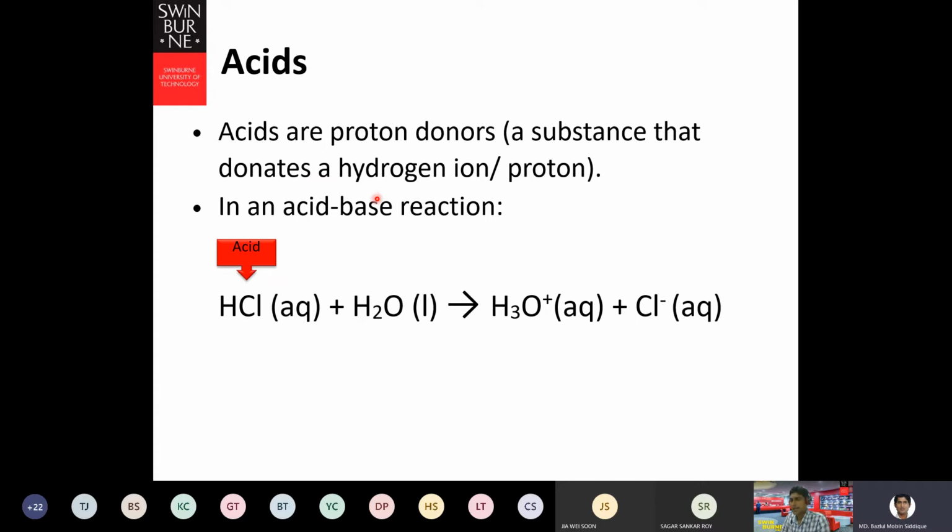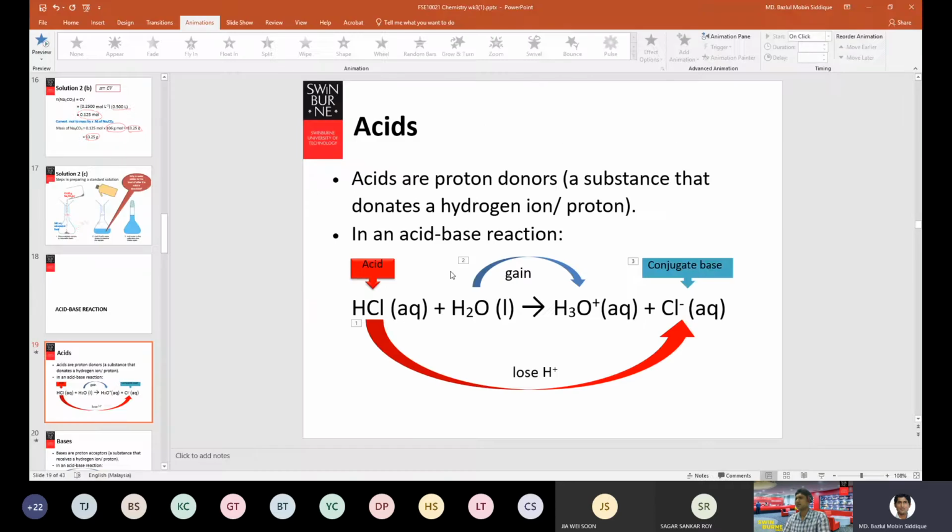Then Lewis came out and gave us a nice definition of acid and base, that acids are those that give you hydrogen ion, and bases are those that take that rather than giving.